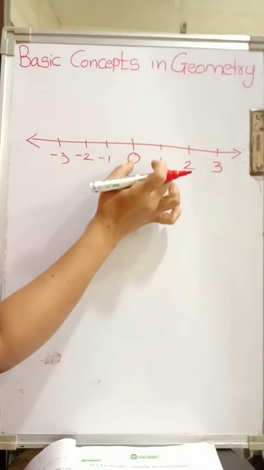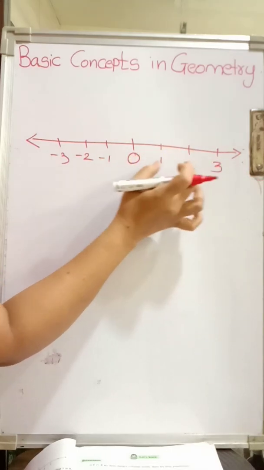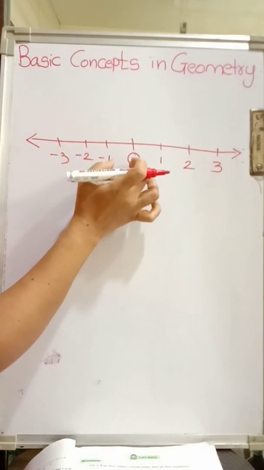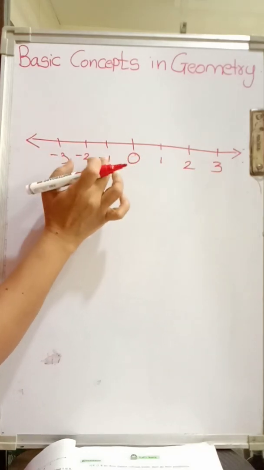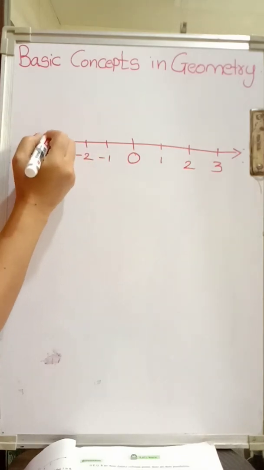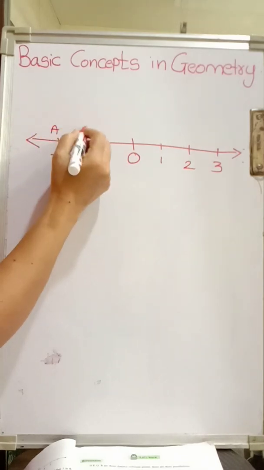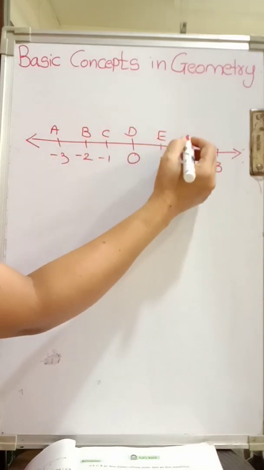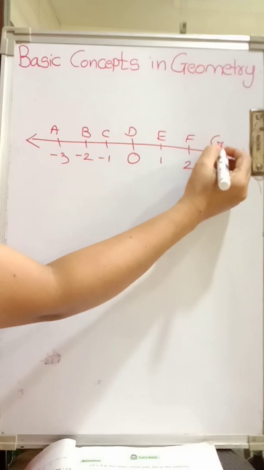That means the distance between 0 and 1 is 1 unit, 1 to 2 is 1 unit. Same over here: the distance between 0 and minus 1 is 1 unit, minus 1 and minus 2 is 1 unit. Now I am giving names here. For example, this is A, B, C, D, E, F and G.